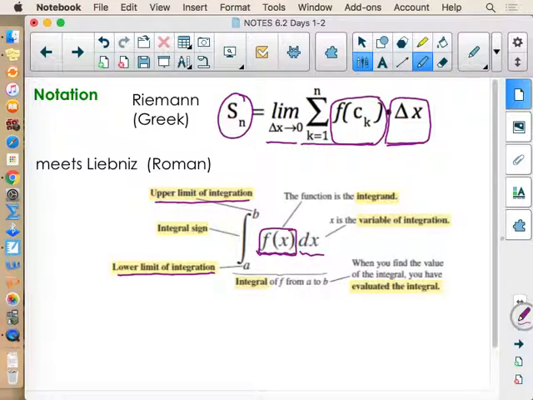So if every single value of x is input into there, you can think of that as your base times height, how this ties back to your Riemann rectangles. So all of those rectangles that we were doing, we're trying to estimate the value of this integral for different functions. So when it says that you've evaluated the integral, you found that finite number that's the total of all the things you're adding together.